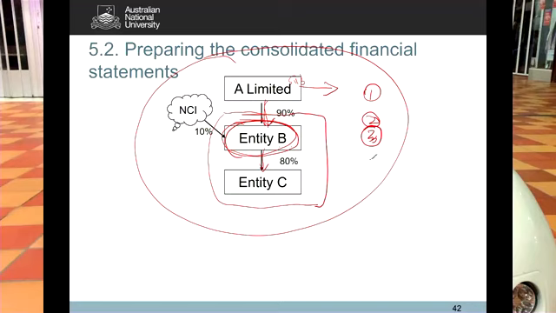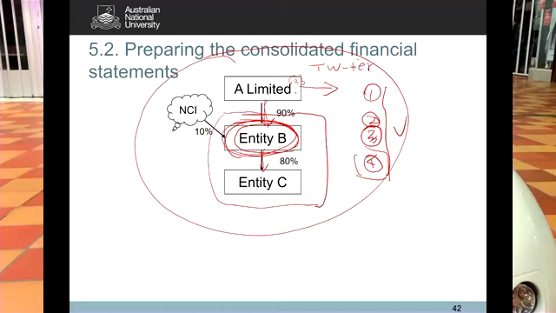And the 4th condition, if B's parent is preparing consolidated financial statements, which is A, it meets all the 4 criteria, B is exempted from preparing. Okay? So, yes, it needs to meet all the 4, except for condition 4, where A might be subject to the two-tier.